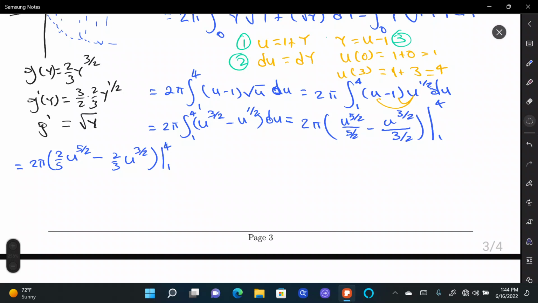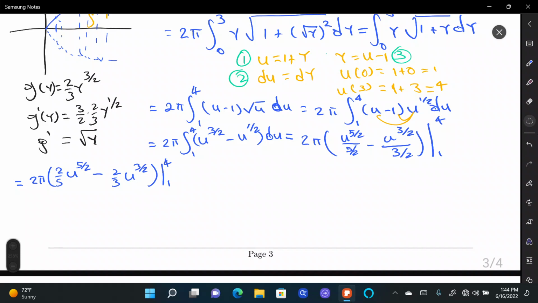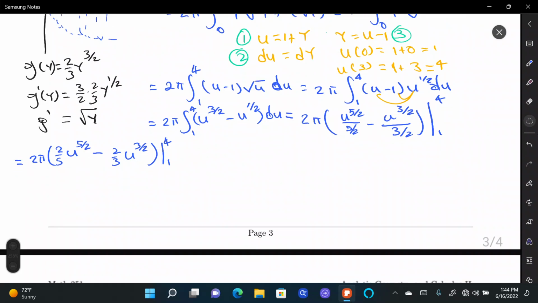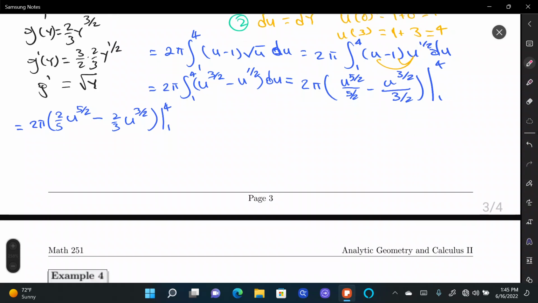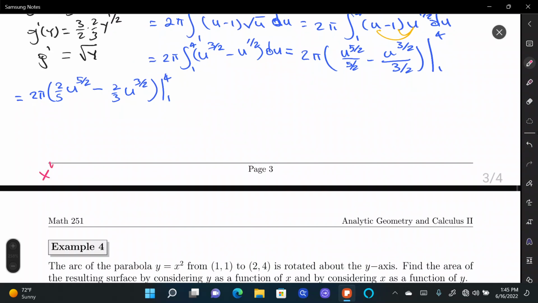First, I would like to change this into radical form. Recall that there's a couple of ways to rewrite this, and let me write them down on the side. By properties of radicals, whenever we have x to the m over n, this is the nth root of x to the m, or the nth root of x, raised to the m power.